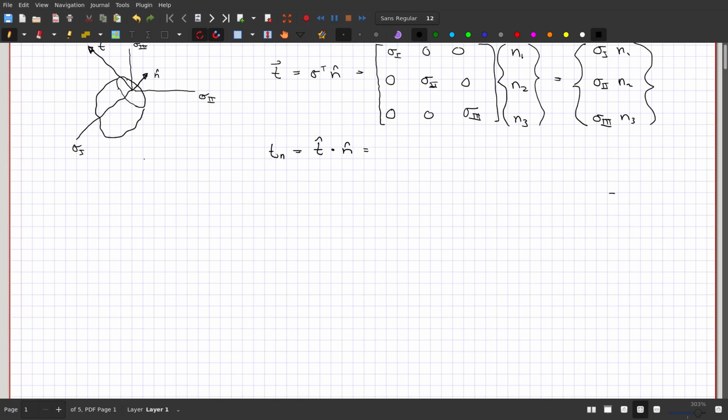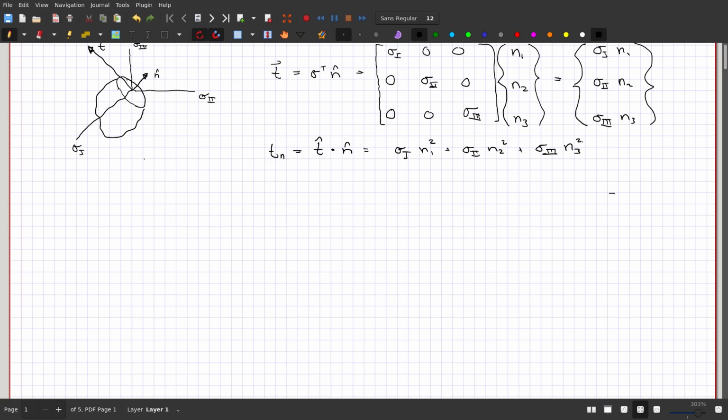And that gives us sigma 1 n1 squared plus sigma 2 n2 squared plus sigma 3 n3 squared. All right. So again, I'm just writing things down that I know, and we'll see why in a second.